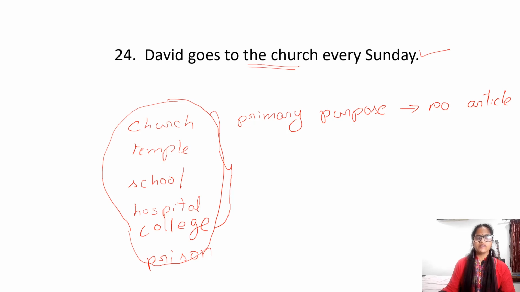The church was very old and beautiful. So, we can use the to talk about a specific church, a specific temple. But when you are using these places for their primary purpose, we should not use an article. So here usage of the before church is wrong. So the correct answer is David goes to church every Sunday.